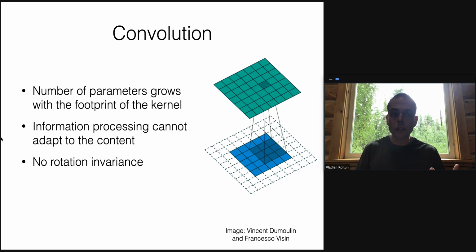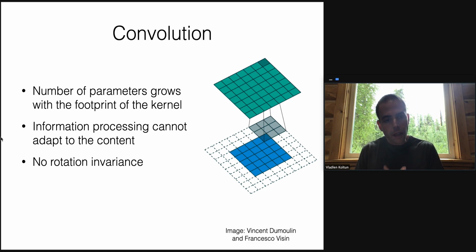So for a 3x3 convolution, we have a certain set of parameters, but if we want to do a 7x7 convolution, we now have a much larger set of parameters, and this is something that we actually need to determine at training time, the time that we're designing the architecture.